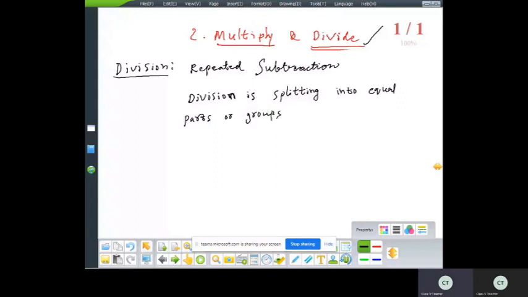First point: division is repeated subtraction. Division is splitting into equal parts or groups.